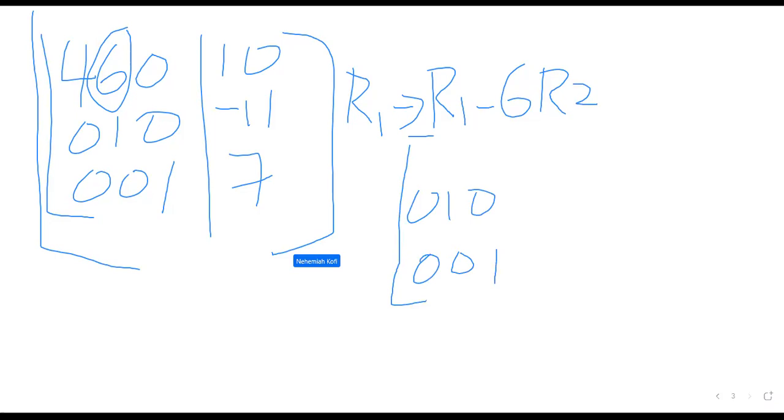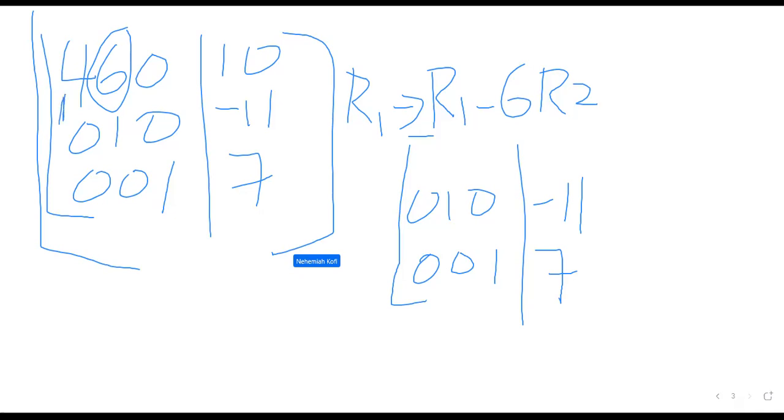So basically, negative 11 and then 7. So row 1, 6 multiplied by 0 is still 0. 4 minus 0 is what?